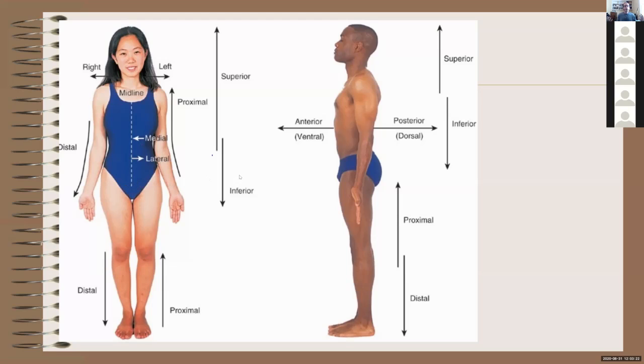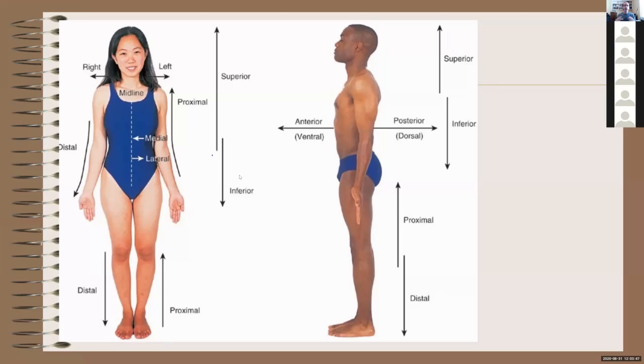Now, you may be thinking, why do we have these extra words for simple directions? Why can't we just say it's up from the bladder instead of saying superior to the bladder? Well, a person's able to move around, right? And a person can be lying down or could be standing up. They could be upside down for all we know.